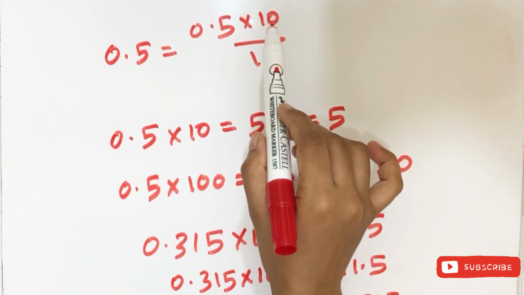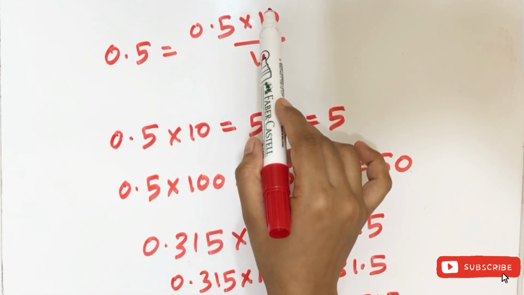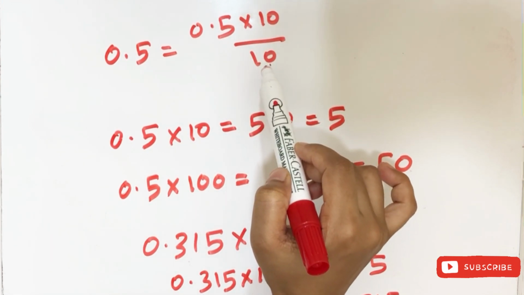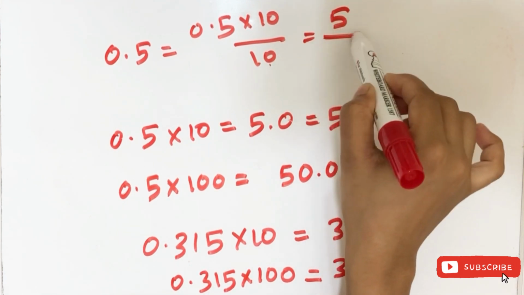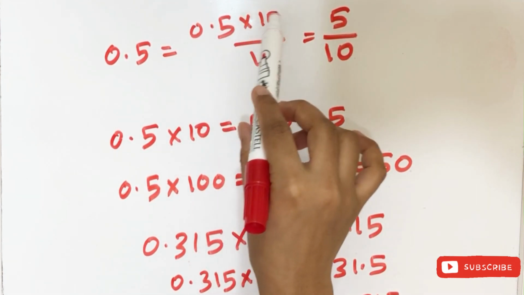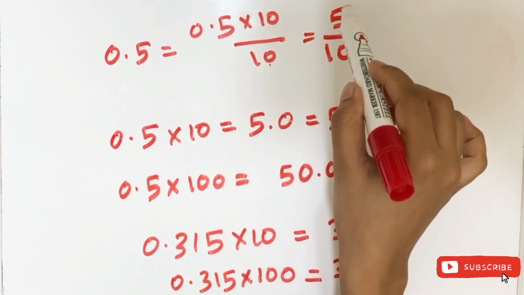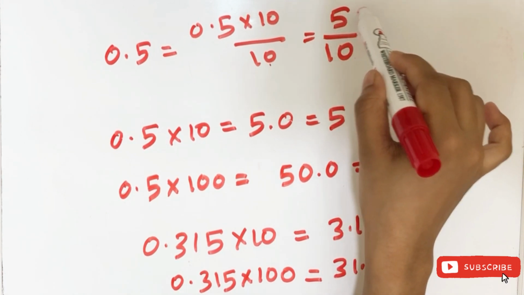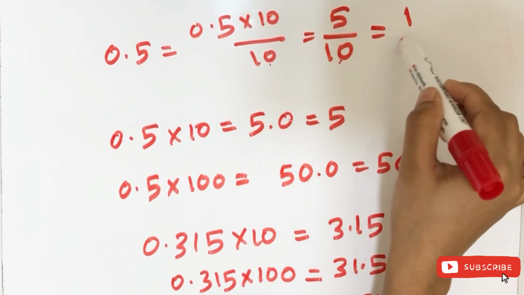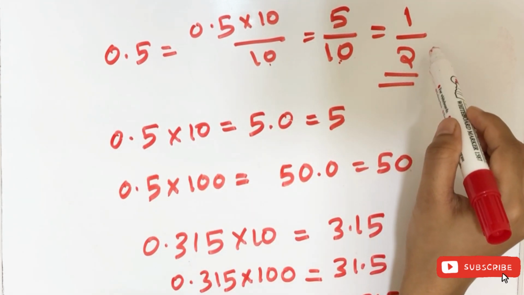Any number multiplied by 1 is that number itself. That's why we are multiplying by 10 and also dividing by 10. So 0.5 times 10 is 5, giving 5 over 10. 5 is a common factor here. 5 divided by 5 is 1, and 10 divided by 5 is 2. So 0.5 is 1 over 2.